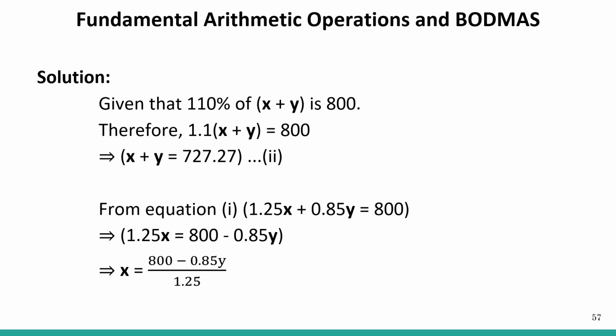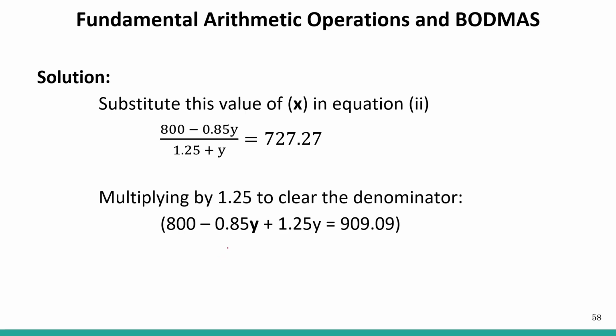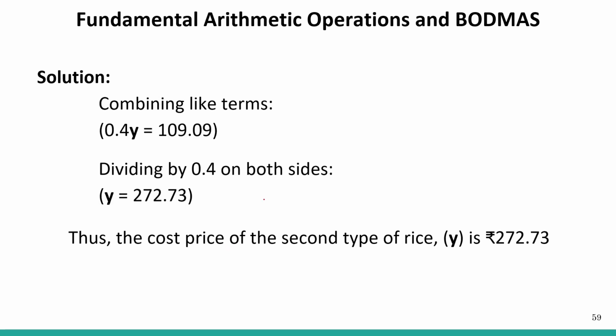Given that 110% of x plus y is 800, we can solve that x plus y is 727.27. From equations 1 and 2, 1.25x plus 0.85y is equal to 800. This implies that 1.25x is equal to 800 minus 0.85y, so x is equal to 800 minus 0.85y, whole by 1.25. Substituting these values, we get 727.27.